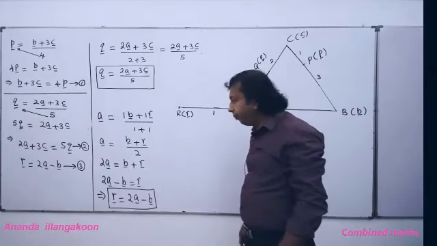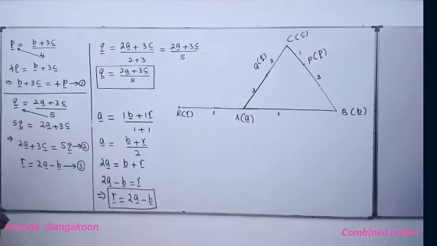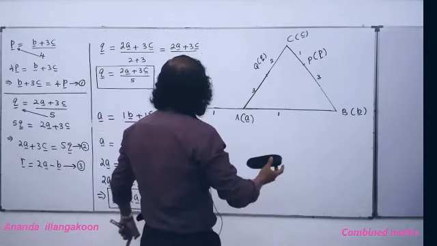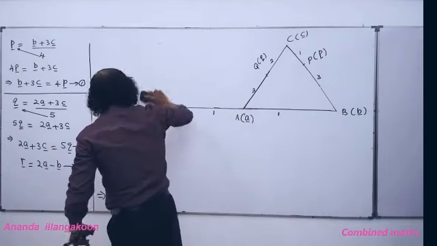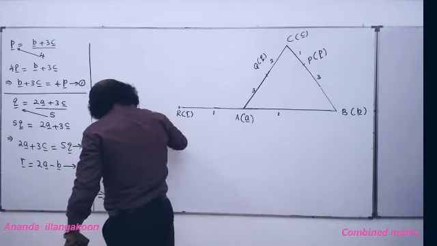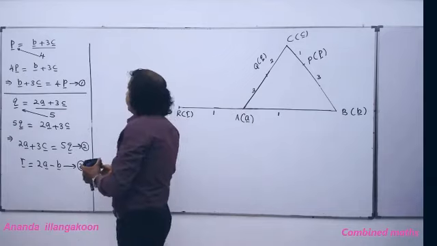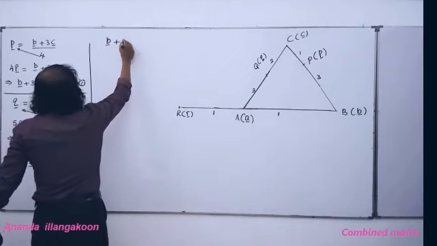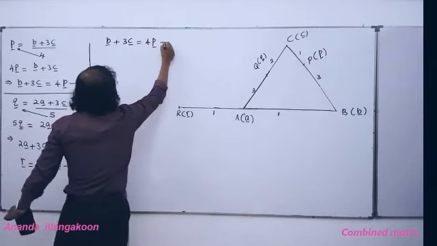Now, people, you must do another simple thing. What's that? I write these three equations together for our convenience of handling them. 1, 2, 3, the three equations I'm going to write together. First one is b plus 3c equals 4p vector, number 1.